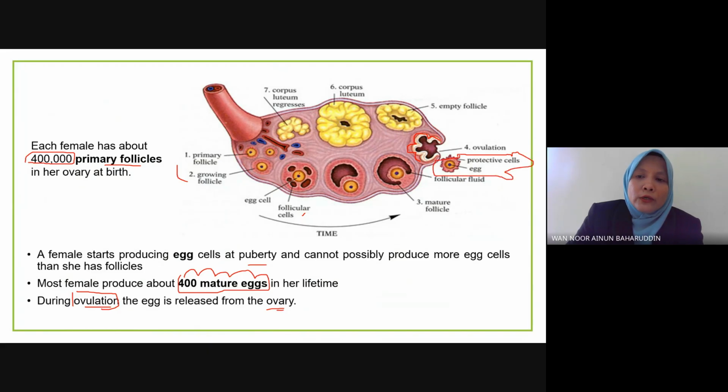This is what we call ovulation, and the empty follicle is now called the corpus luteum. The corpus luteum will regress, and if no fertilization occurs, it will undergo menstruation.